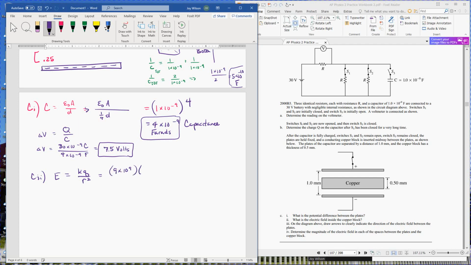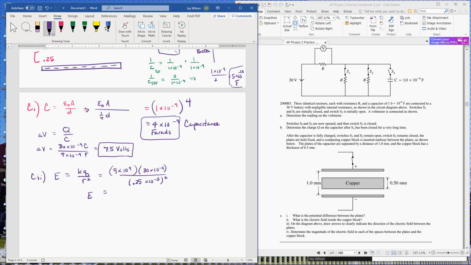How much charge are we holding on this plate? 30 times 10 to the negative 9th. How far is it from one plate to the other? 0.25 times 10 to the negative 3rd, it's millimeters, squared. And that would give me my electric field. I don't have a calculator on me, so I'm just going to let you figure that one out. That's how you set it up.